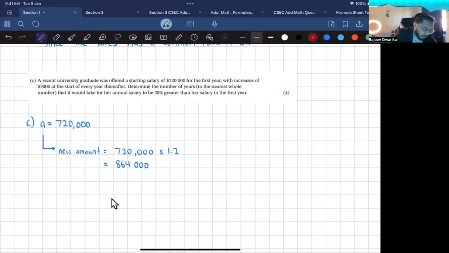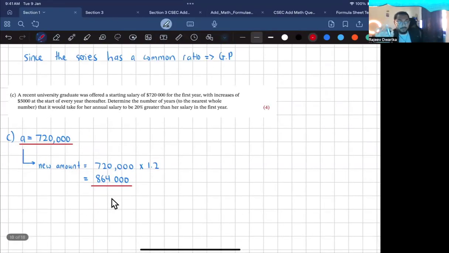And so Kira, we know what a is. We know the total amount we want to get, but not really the total amount. We know that we want to get a salary of 864,000. So take for instance, Kira, in the first year, how much will the person be making? 720,000.